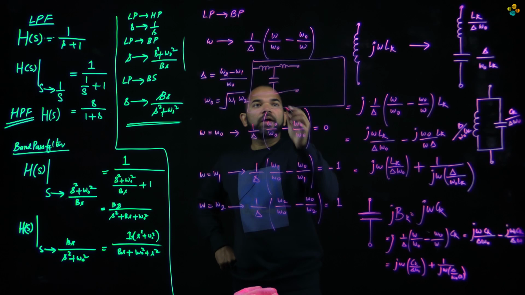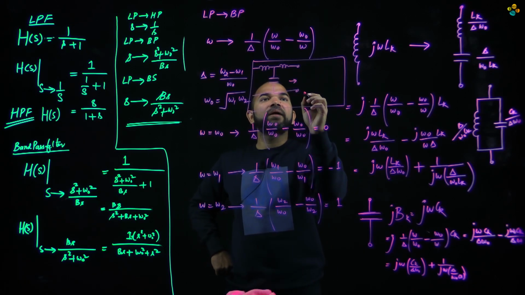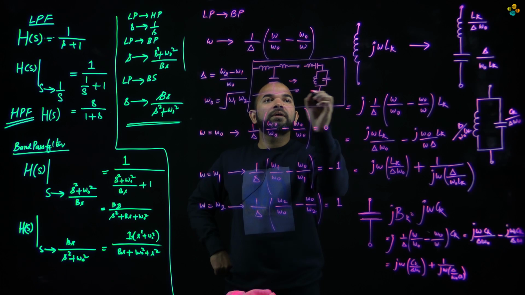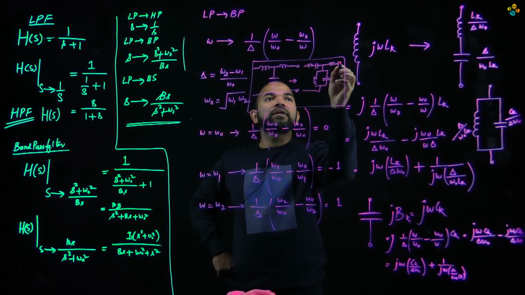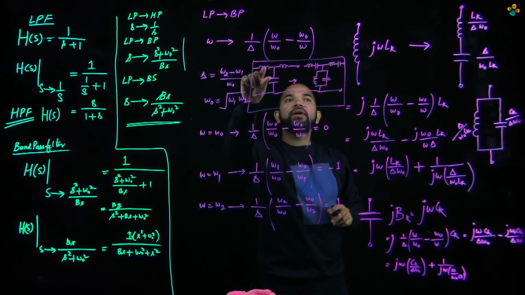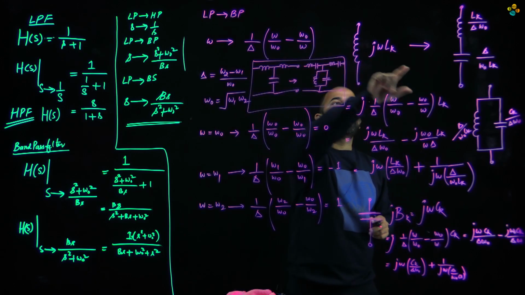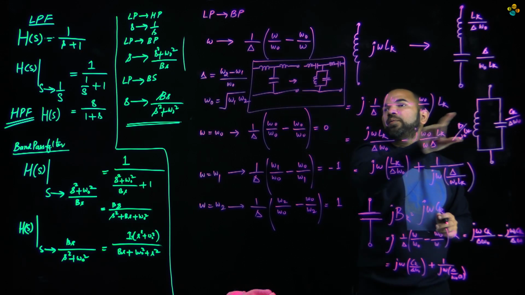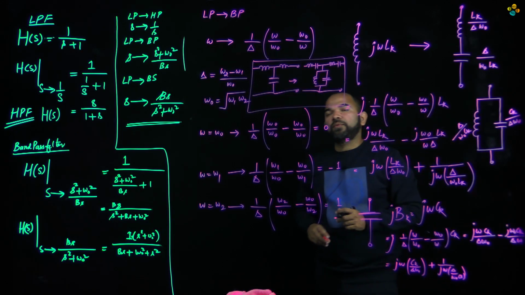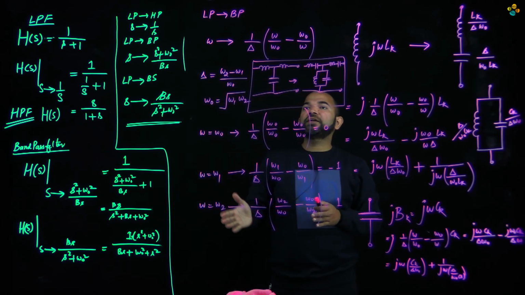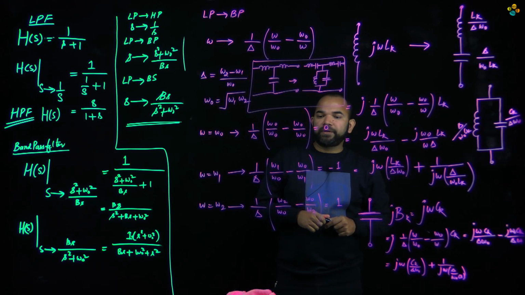If you want to change it to an equivalent band pass filter, it is going to be inductance, capacitance, then inductance, capacitance, and then inductance and capacitance. This is the transformation we need to perform: every inductor, with this kind of scaling, is replaced with an inductor and capacitor, and every capacitor is replaced with a parallel combination of inductor and capacitor with these transformations. So with this method we can translate any low pass filter to an equivalent band pass filter.